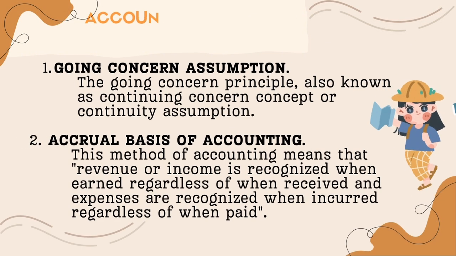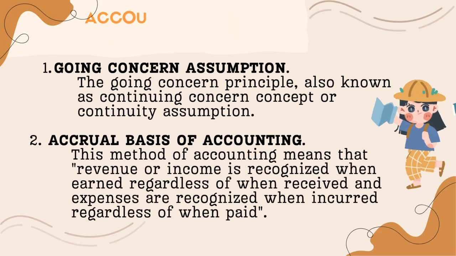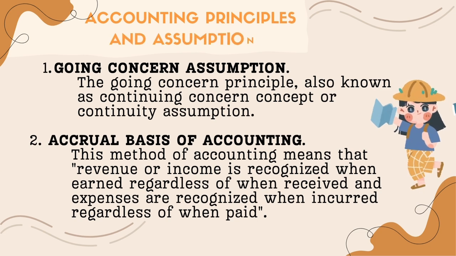First, going concern assumption or going concern principle, also known as continuing concern concept or continuity assumption, means that the business entity will continue to operate indefinitely or at least another 12 months.